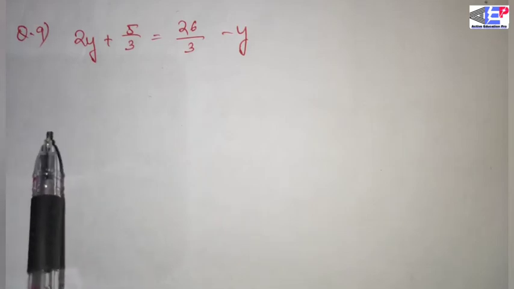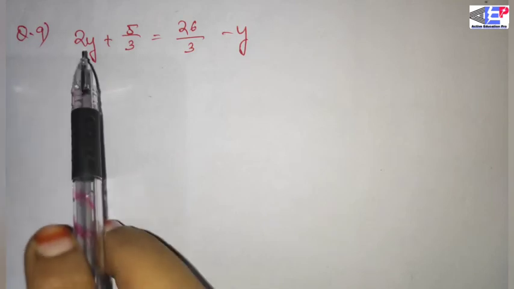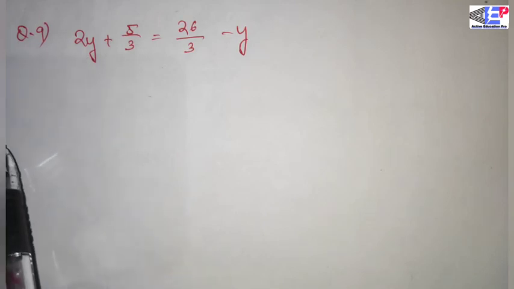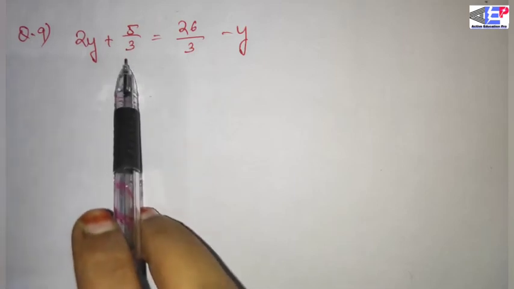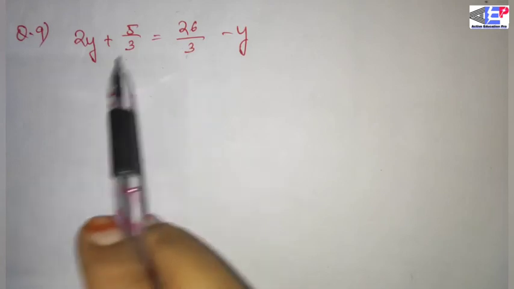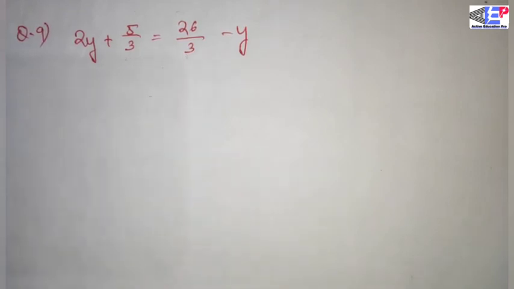Question number 9. Here in my last question, question number 8, the term consisting of variable x was a fractional part. But here both the constants are fractions, rational numbers.